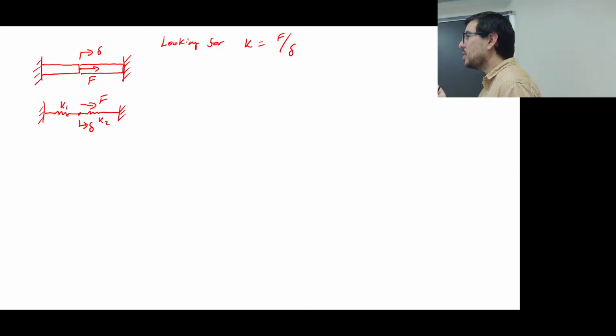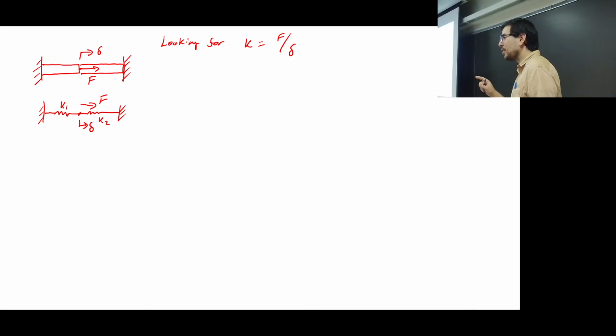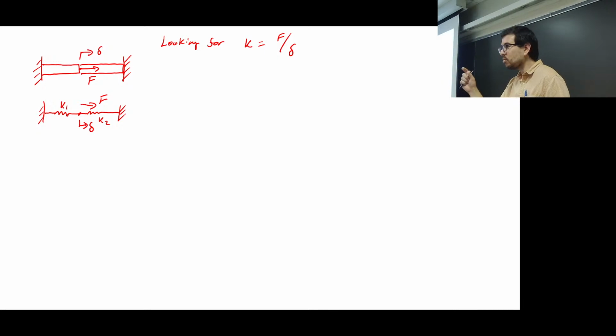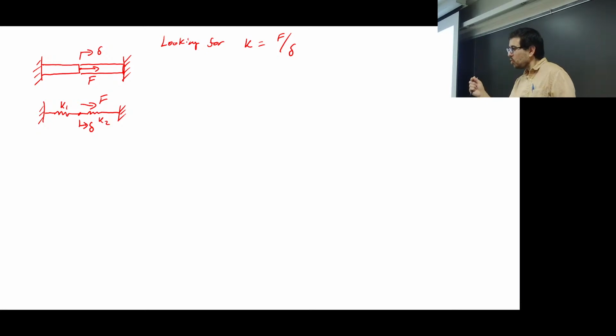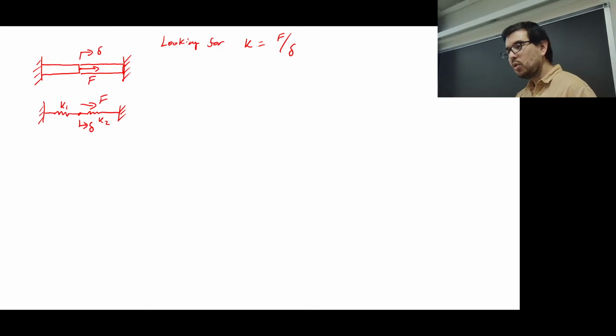Are the displacements the same? Yeah, right. You could argue one's in compression, one's tension again, but yes, they're going to be the same magnitude. Now, you could argue that the forces potentially could be of the same magnitude too, but that would require that the spring constants be the same.